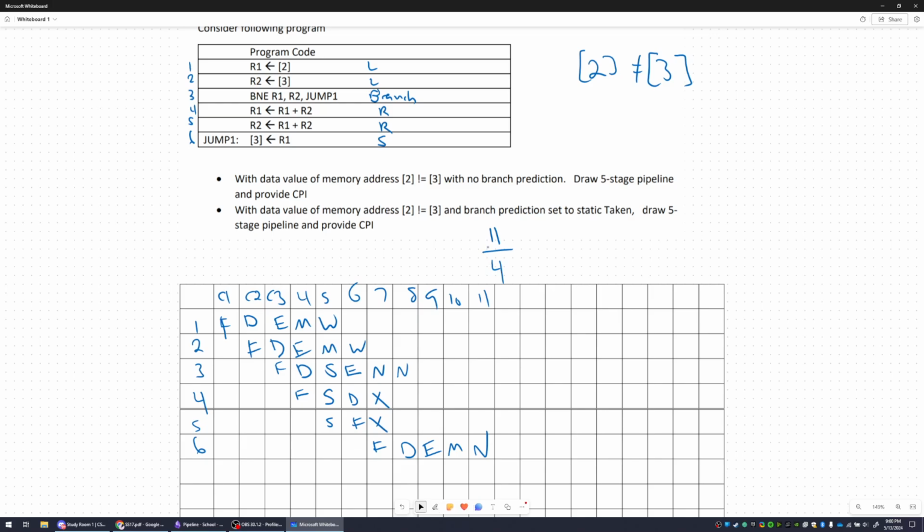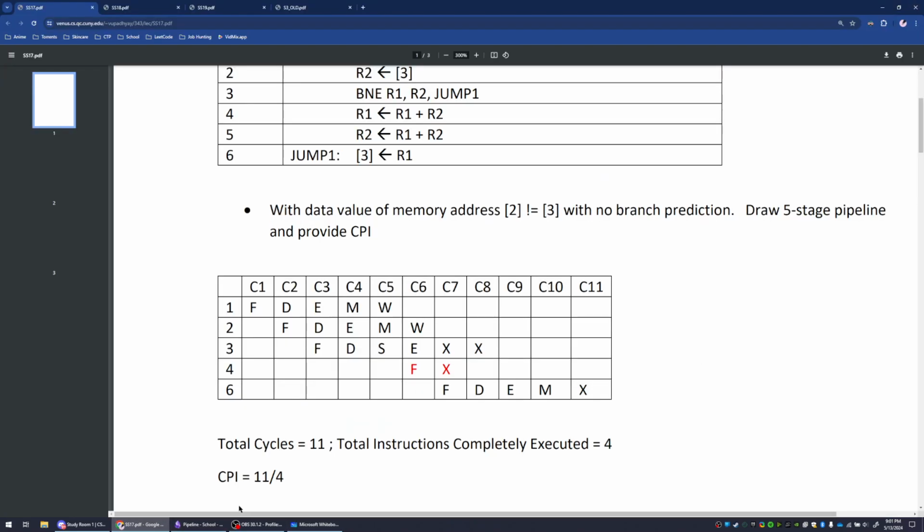So when we do cycles over instructions, it's only instructions that actually completed. Yeah, I didn't realize that 4 and 5 don't count because they didn't fully finish. That makes sense.